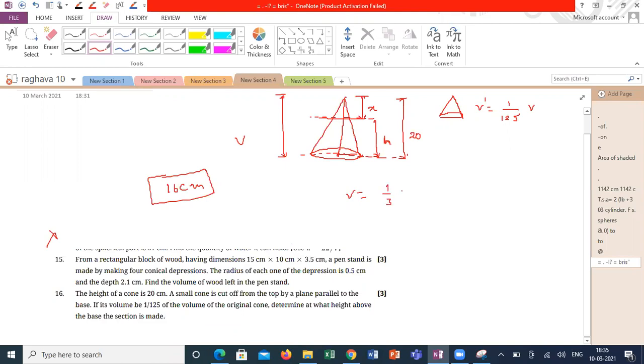So V is 1/3 pi r square into 20. The small one is 1/3 pi r dash square into x. The relation between them is V dash equals 1/125 times V. Same way we did, Niranjan? Yes, sir. Let's see. We'll wait for other answers also.